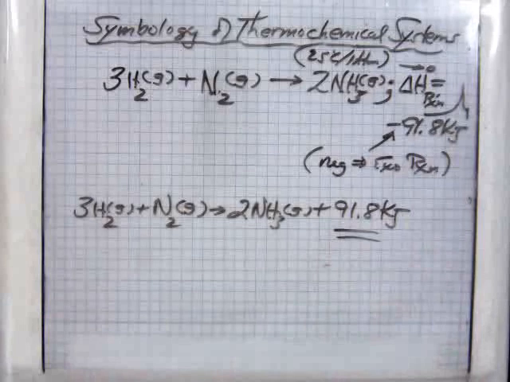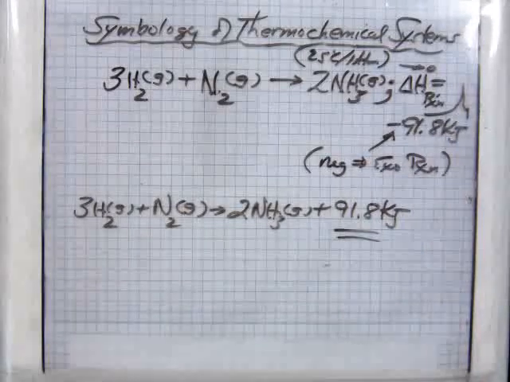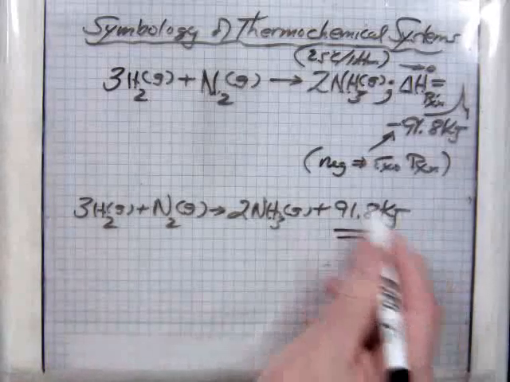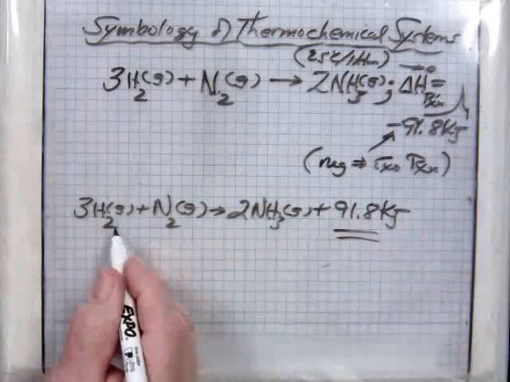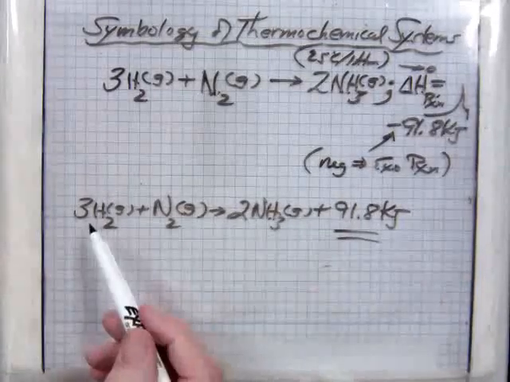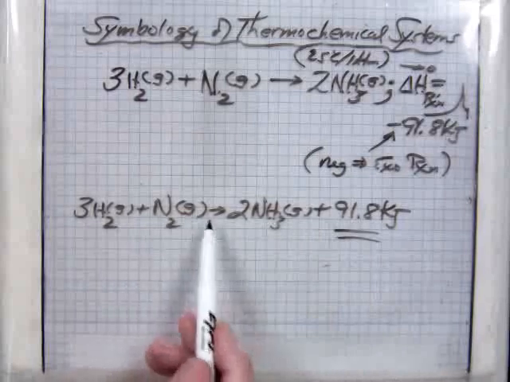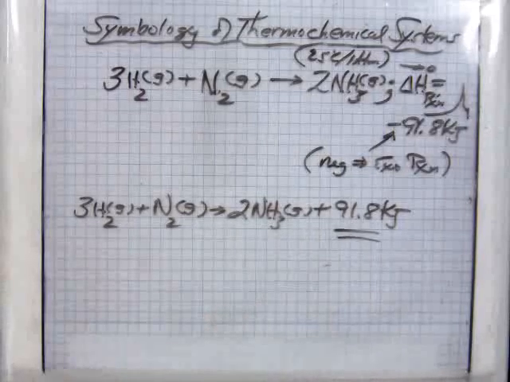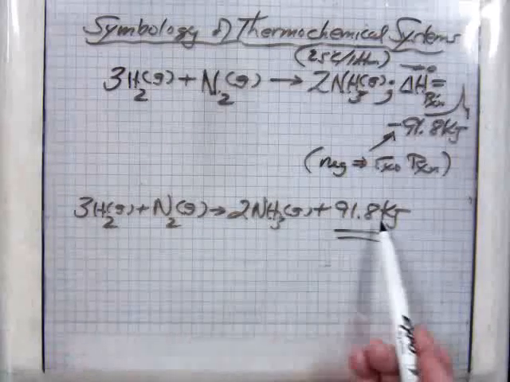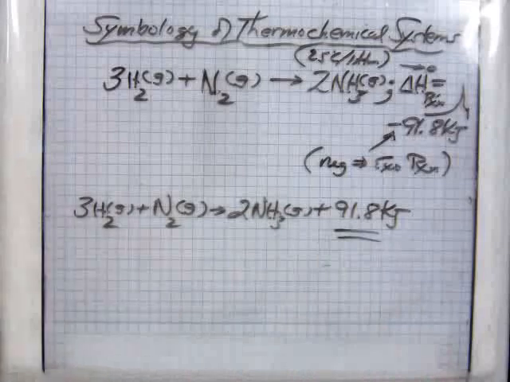This is the method of indicating that it is an exothermic reaction if the energy number is on the product side and included in the reaction, because what you'll see in the next example is an endothermic reaction will take that number and put it on the reactant side. It'll say A plus B plus energy number goes to products. So the fact that it is on the product side here should be an intuitive signal that says, okay, this is an exothermic reaction. It's giving off energy.